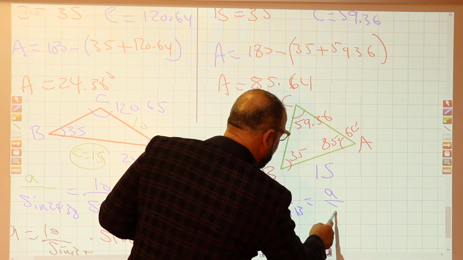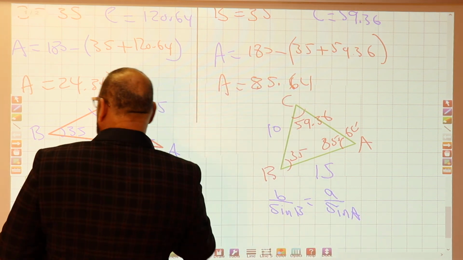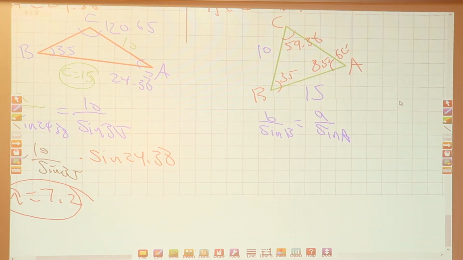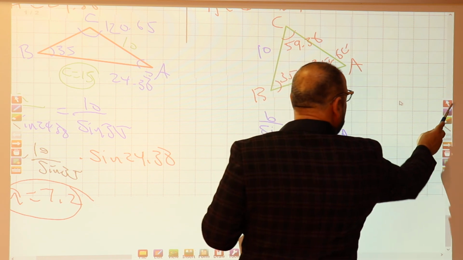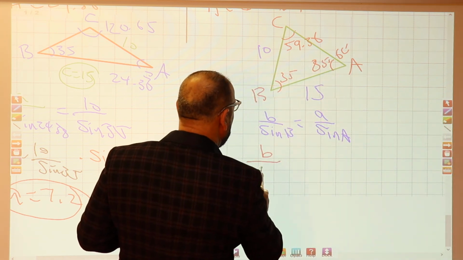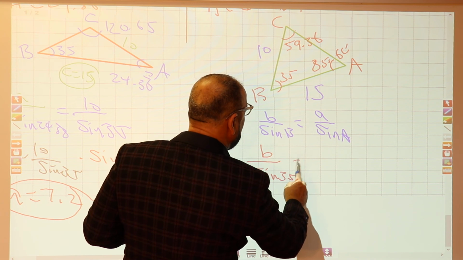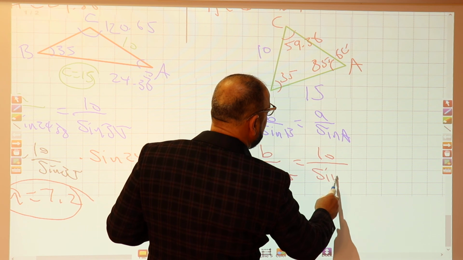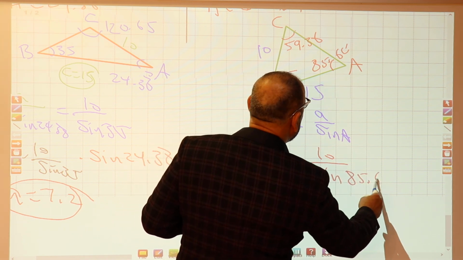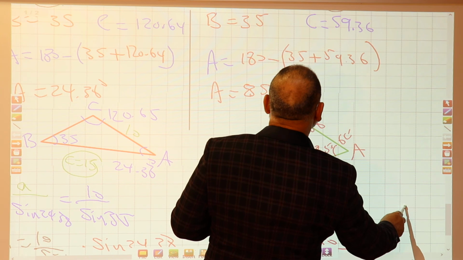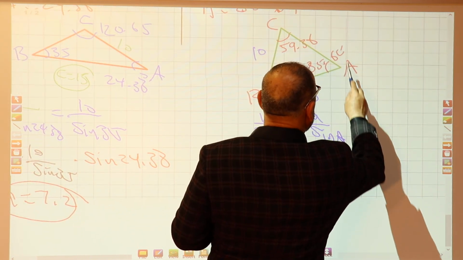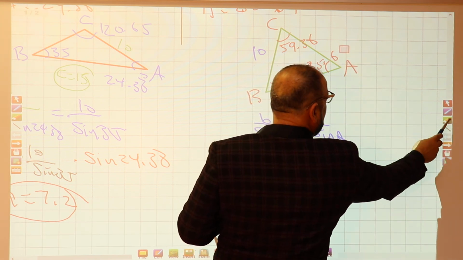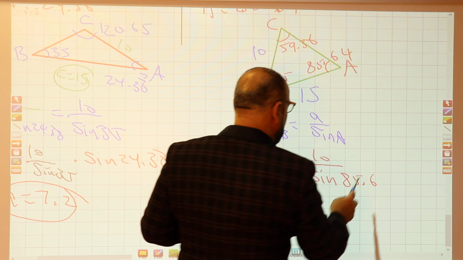B over sine B equals A over sine A, and you solve for B, you have everything. We're looking for B. B is how much? Sine 35 equals A, which is 10, sine 85.64.